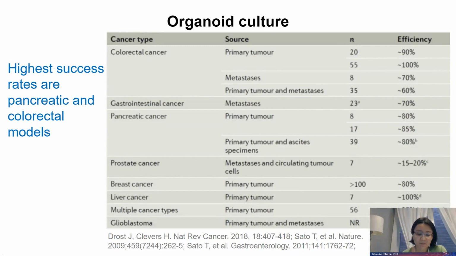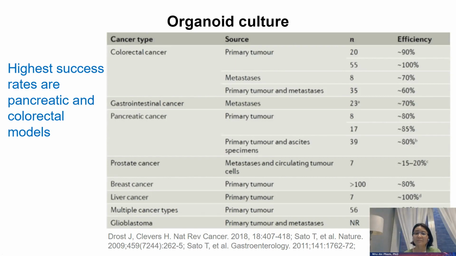The growth of normal small intestinal organoids as self-organizing crypts was first described in 2009 by Dr. Hans Clevers' lab, from which media was then refined to establish the patient-derived tumor organoids that you see listed here.